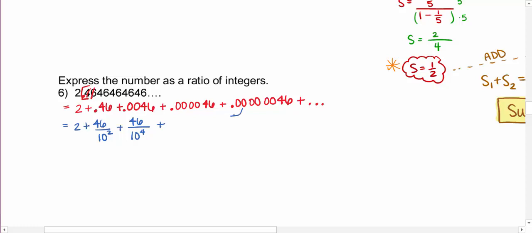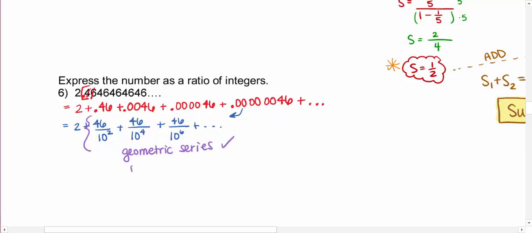Plus, the next one is going to be 46 over 10 to the sixth, and that pattern will continue on forever. And so what I see is that this part of it is geometric. So this is a geometric series.